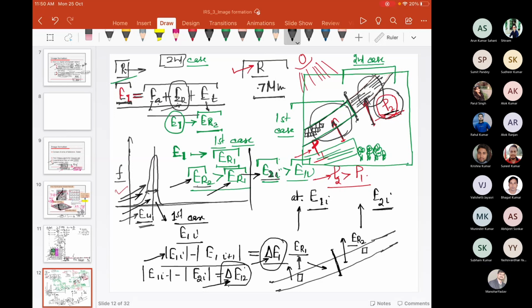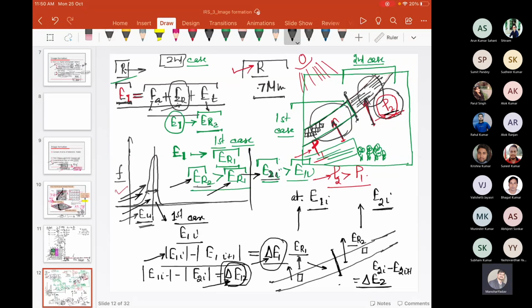Okay, but again, when we consider the third case, the differences between the pixels, between the energy component from the turbid water, GRC from turbid water, that is delta E2.